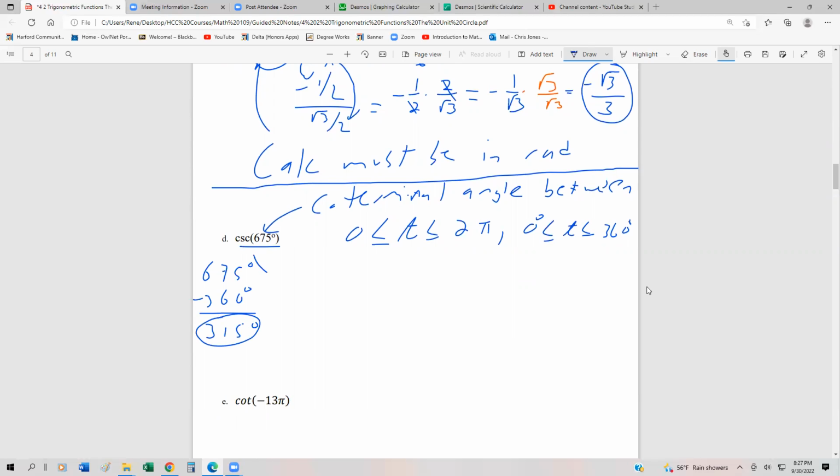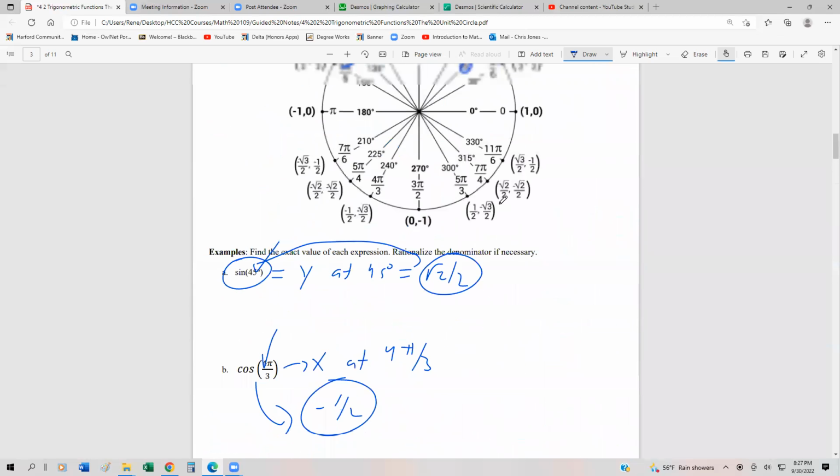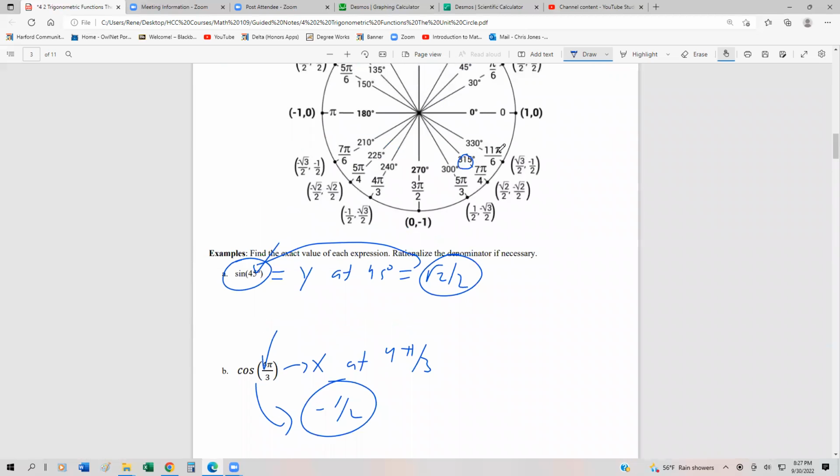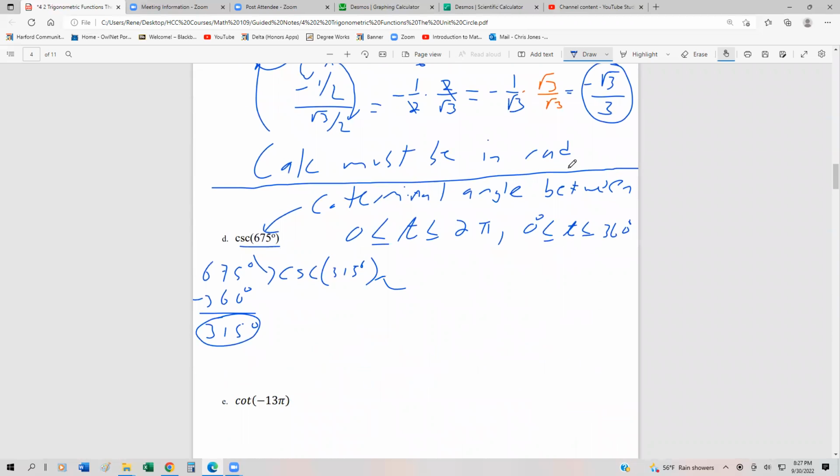So what we're saying is that the cosecant of 675 is really the same thing as the cosecant of 315. Now, we're going to go find 315 degrees on the unit circle, all right? And it's right here. We also remember that the cosecant is the reciprocal of the y value. Okay, so cosecant is 1 over y at 315 degrees.